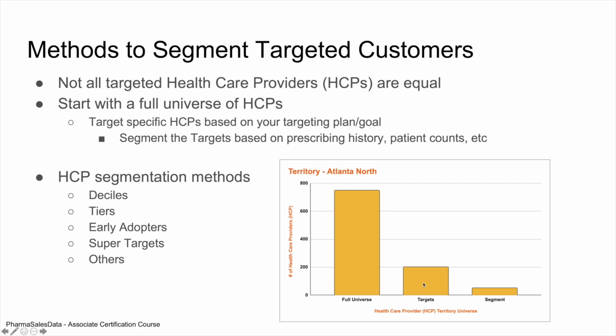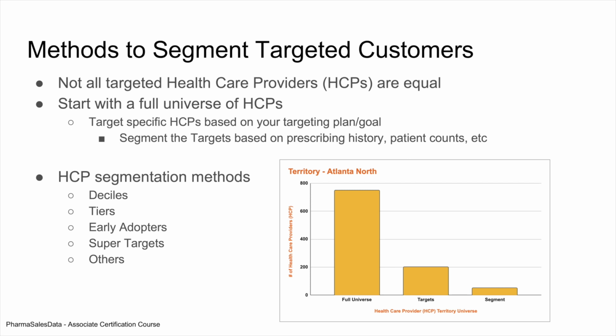Now, after you target everyone, of those top 200, you have to go through a segmentation process, because you're going to have the cream of the crop, your top tiered doctors in your segment area. So segmentation methods that we're going to discuss are deciles, tiers, early adopters, and super targets, and then we'll discuss some other methods as well.